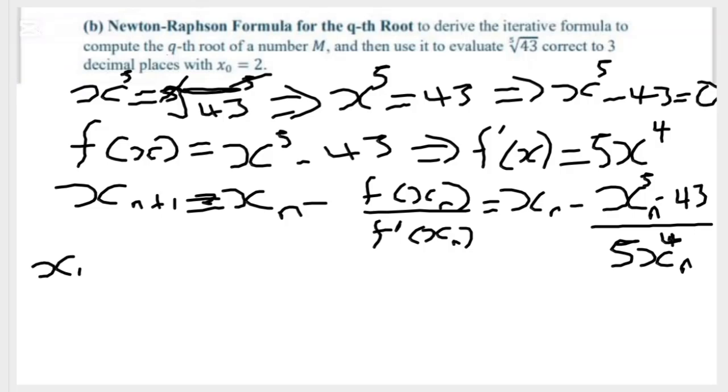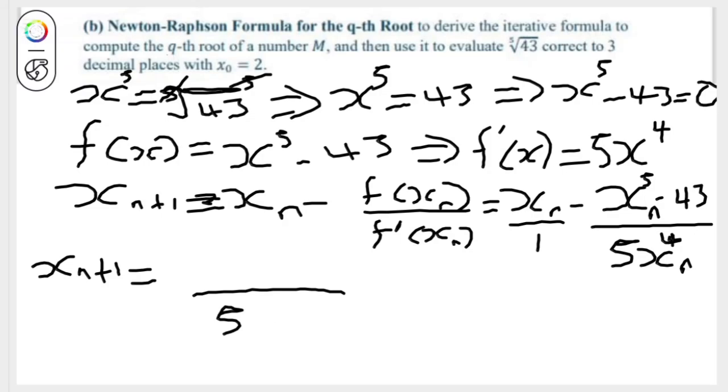So therefore x of n plus 1 should now be equal to, all the way, this is the same thing as divided by 1. I have the LCM, which is 5x raised to the power of 4 with subscript n. If I set this over 1, it gives the same thing, so I have to multiply it by 5x of n.